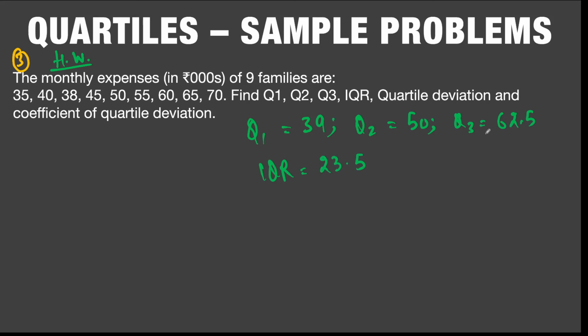That is pretty evident from Q3 minus Q1. The value of QD is 23.5 by 2, which is nothing but 11.75. And the value of the coefficient of QD is nothing but 0.2316.